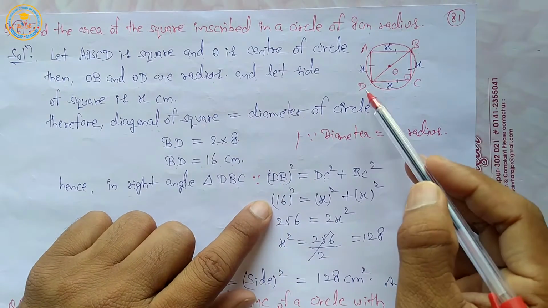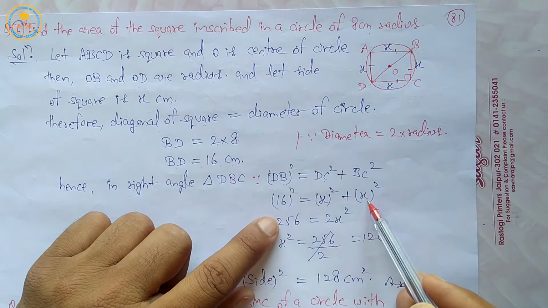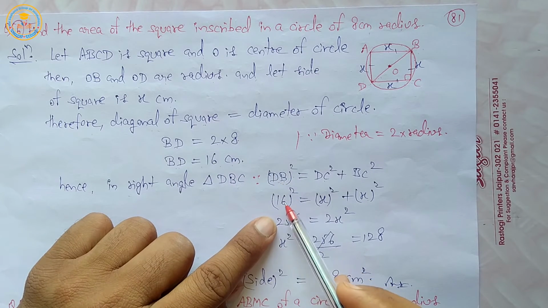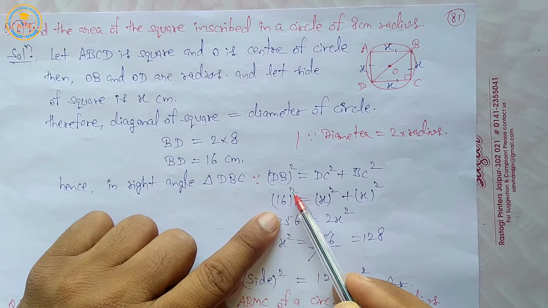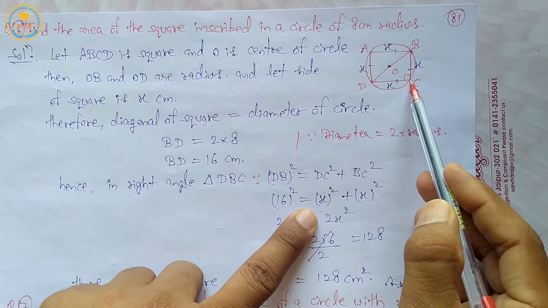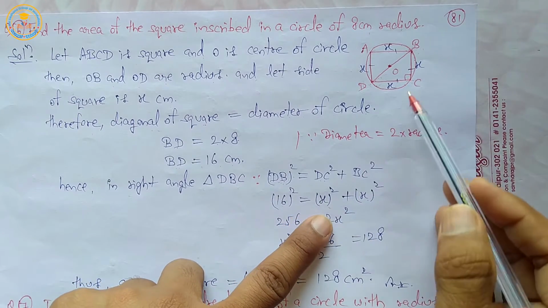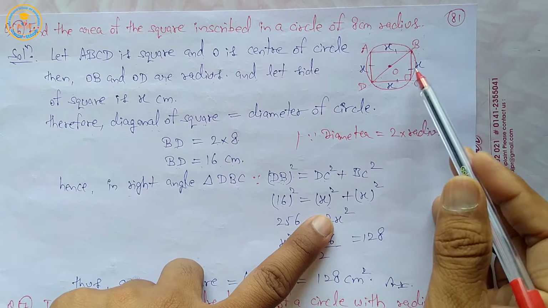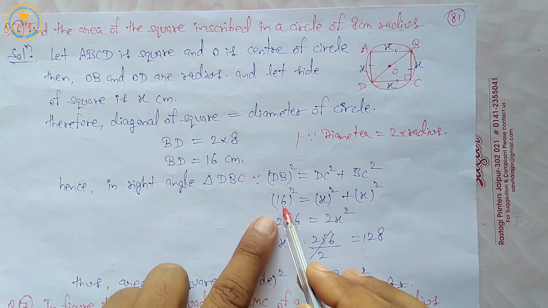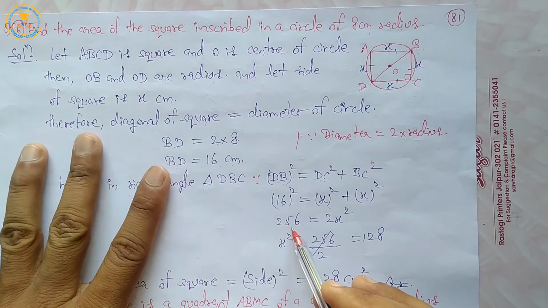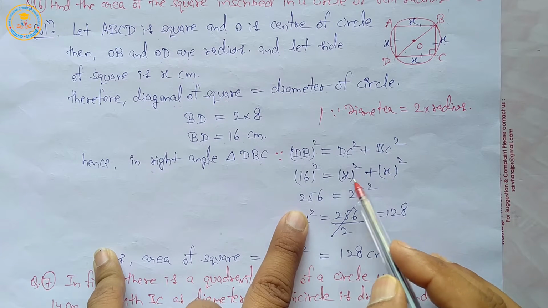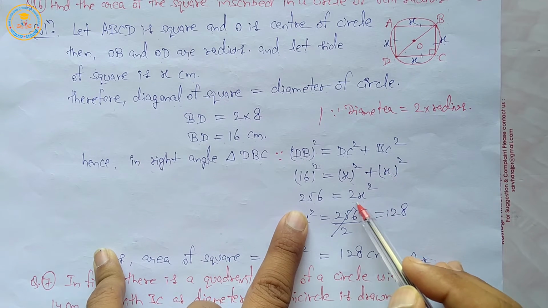So BD square equals DC square plus BC square. We get DB equal 16, so put 16 whole square. DC is x and BC is also x, both are sides of the square and both are the same. 16 into 16 is 256. x square plus x square is 2x square.